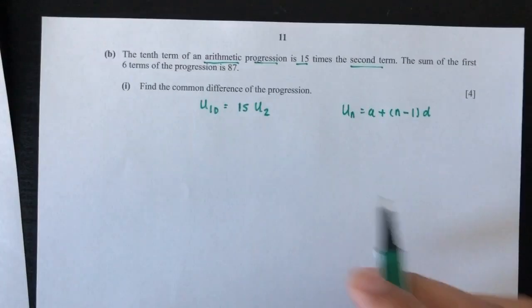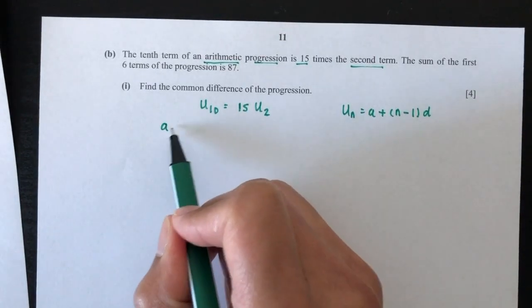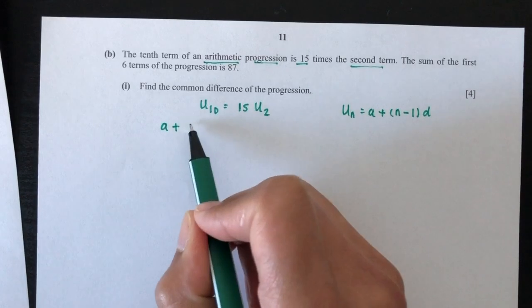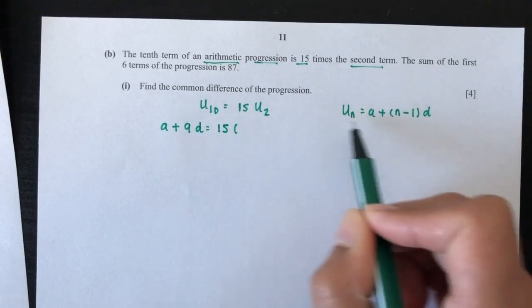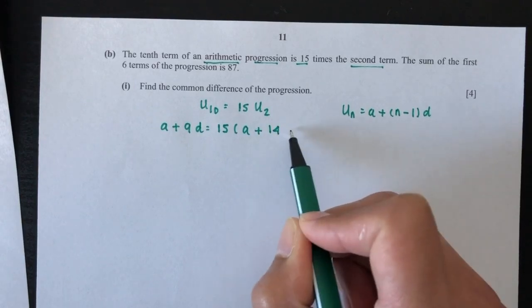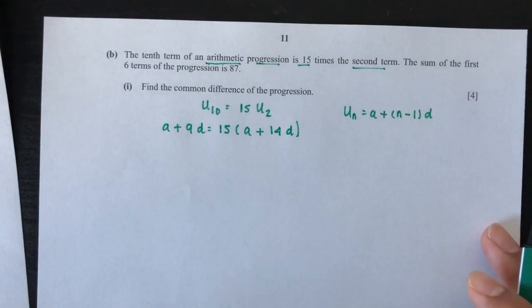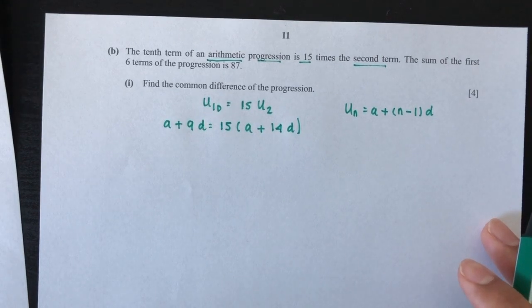So the 10th term is a plus 9d, equal to 15 times the second term, which will be a plus 14d.